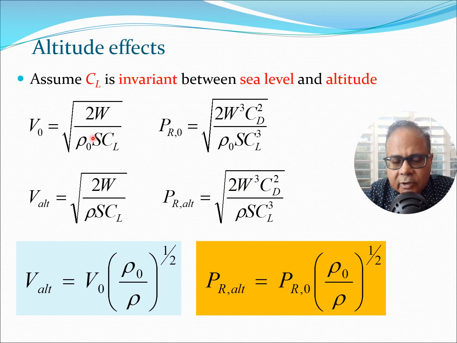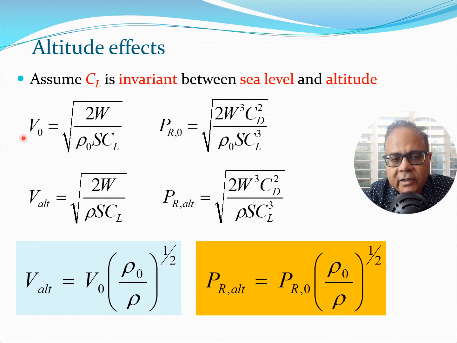So now I have these two sets of equations. I have one for the sea level conditions, which have the subscript 0, and I have the second set at the altitude conditions, given by the subscript alt. Of course I have assumed here that C_L is invariant between sea level and altitude, and then I can divide these two equations.